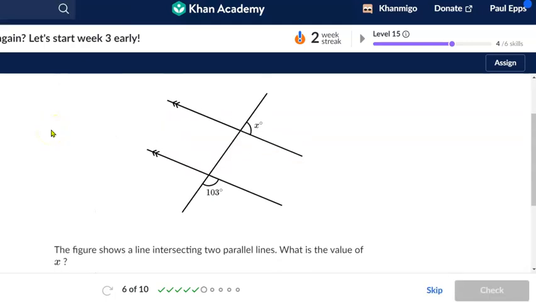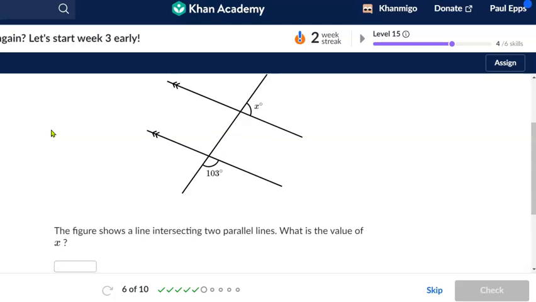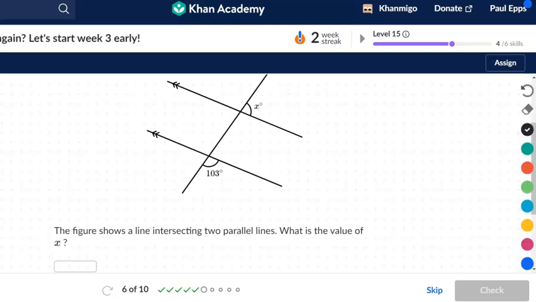The figure shows a line intersecting 2 parallel lines. What is the value of x? They almost look like right angles, or perpendicular, but they're not because of that 103 degree angle. If the angle here is 103, then this angle here is also going to be 103.